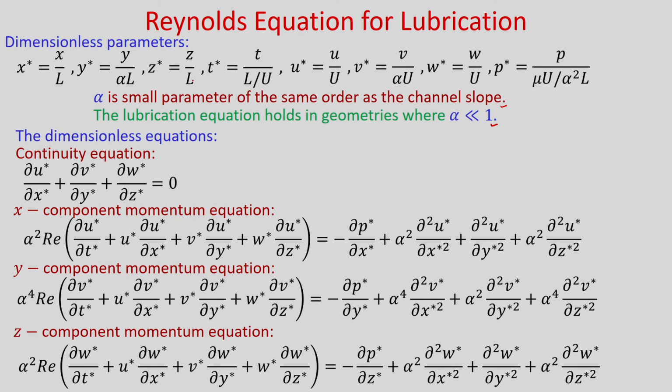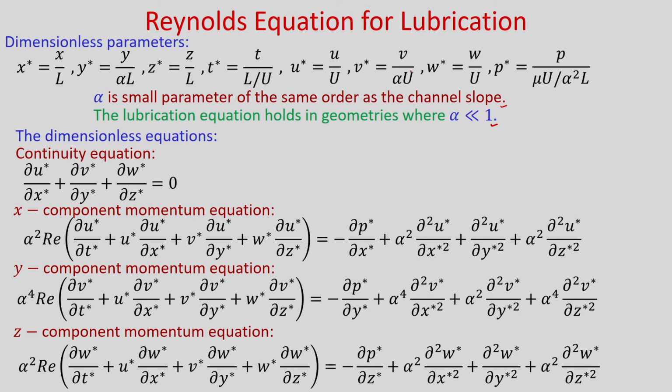z star is equal to z by L, t star is equal to t by L by u, where u is the characteristic velocity, u star is equal to u by u, v star is equal to v by alpha u, because in the y direction the velocity v is very small, as you can see.